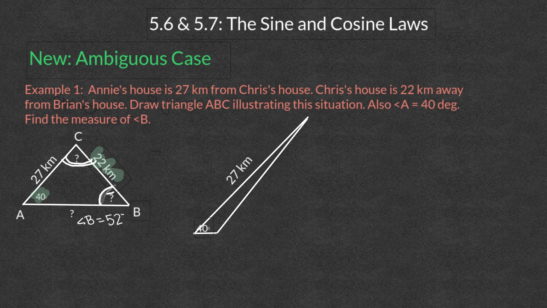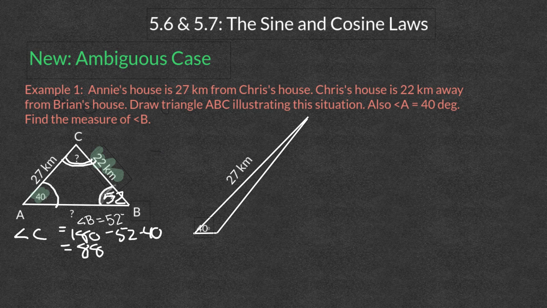If this one is 52 and angle A is 40, then we can calculate angle C. Angle C is just going to be 180, subtract 52, subtract 40. So this angle C is going to be 88 degrees.